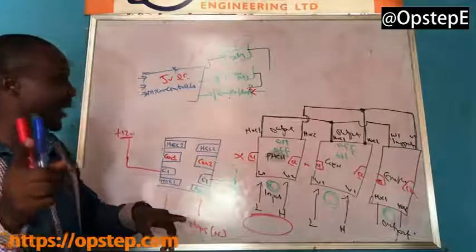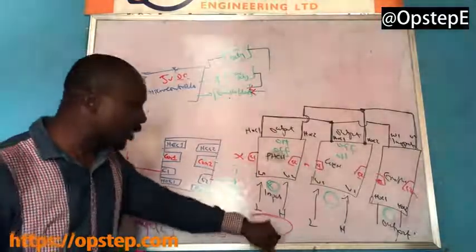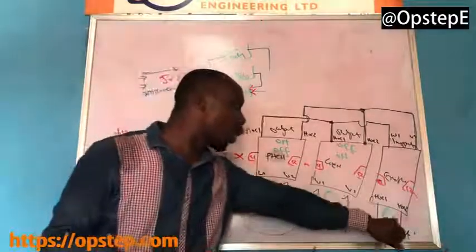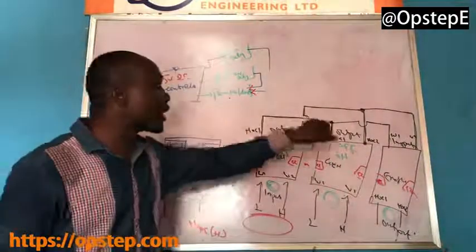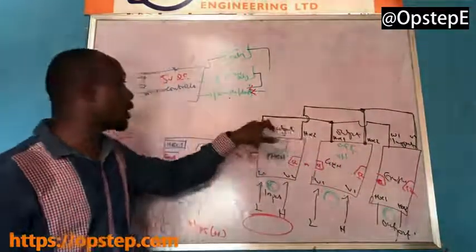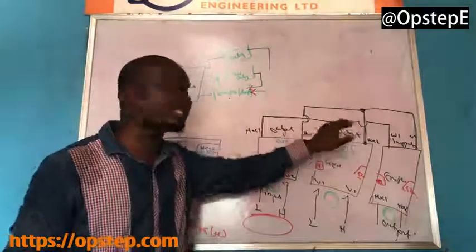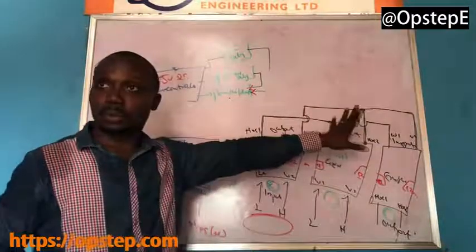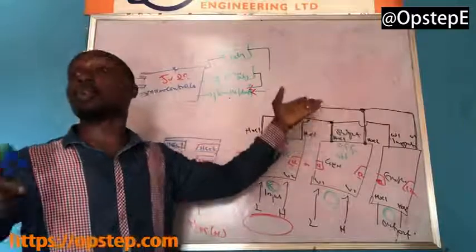Now please look at this. The indicators here are all AC. But if you put AC on the normally open contact, either of the supplies will turn on both, so we won't even know which one was on and which one was off.